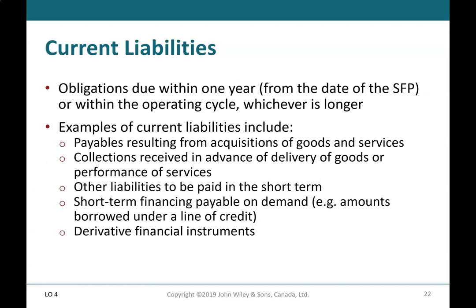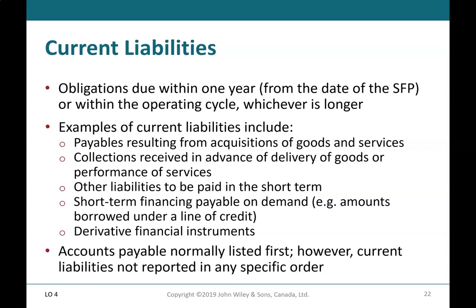Examples of current liabilities include payables resulting from acquisitions of goods and services, collections received in advance of delivery of goods or performance of services, other liabilities to be paid in the short term, financing payable on demand, for example, amounts borrowed under a line of credit, derivative financial instruments. Accounts payable normally listed first. However, current liabilities not reported in any specific order.